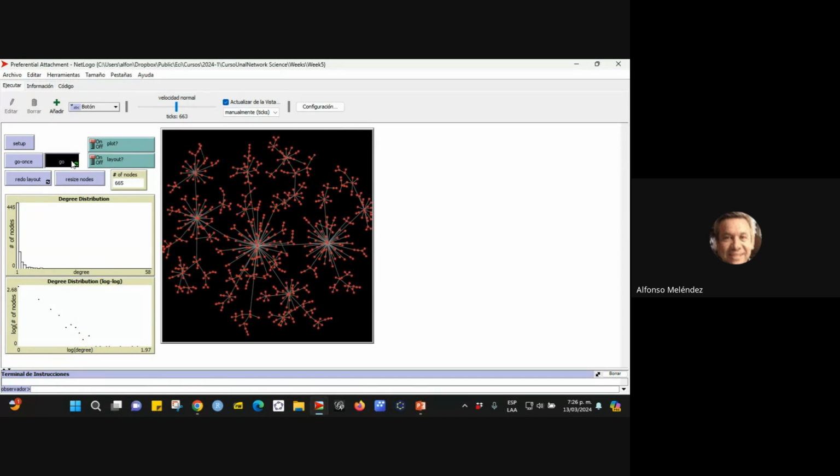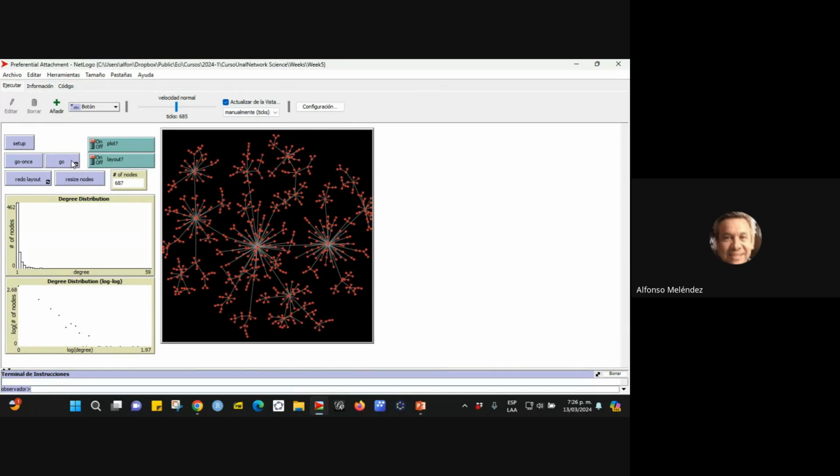Properties of this network. One very obvious: it has clusters, clustered hubs.